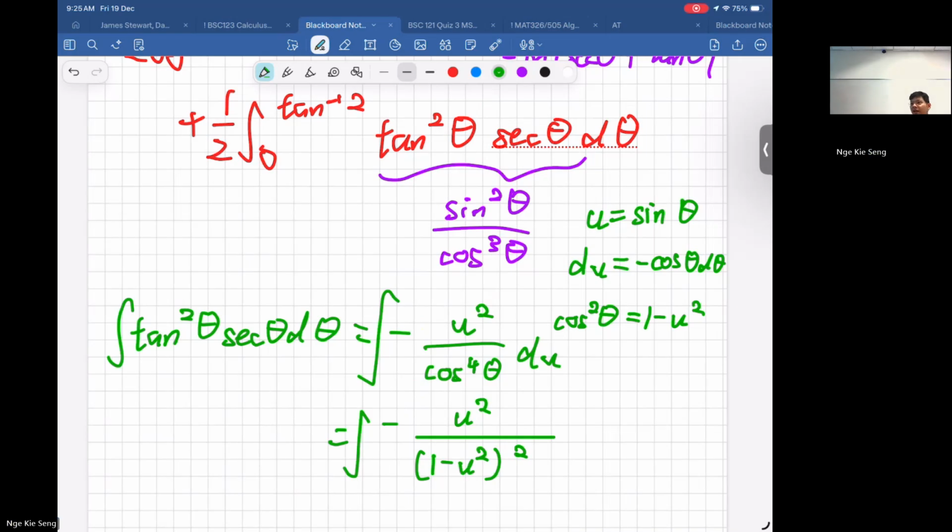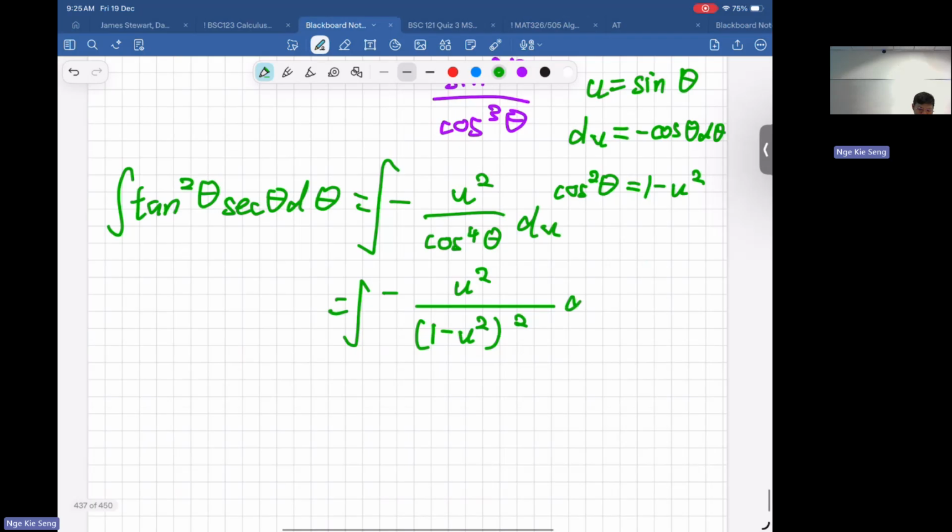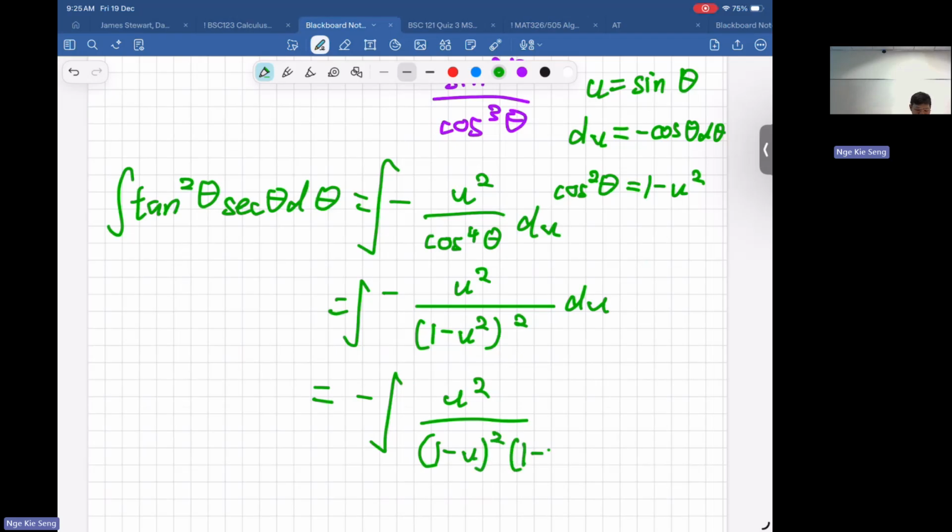Okay, what do you mean? Why can't we? Can't we use partial fractions here? This will become 1 minus u square times 1 plus u square.